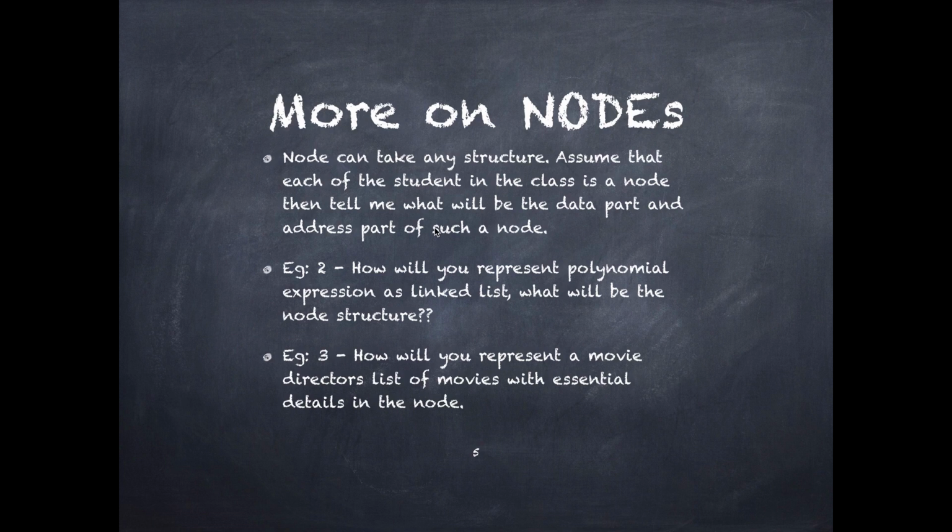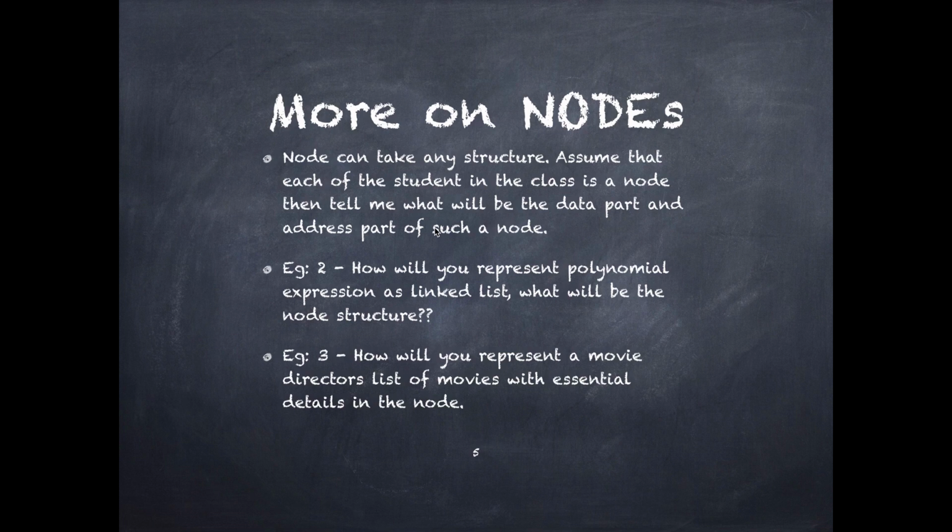Assume that roll number 1 is pointing to roll number 2. So if you are trying to make a demo, please have a pointer. Each roll number, the previous one, will have a pointer to the next number.